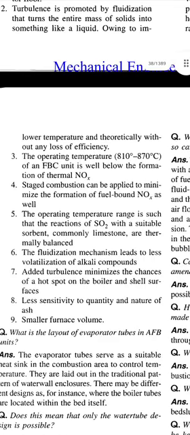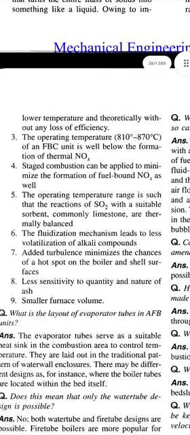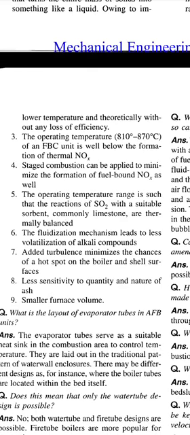The operating temperature, 810 to 870 degrees Celsius, of an FBC unit is well below the formation of thermal NOx. Staged combustion can be applied to minimize the formation of fuel-borne NOx as well. The operating temperature range is such that the reactions of SOx with the suitable sorbent, commonly limestone, are thermally balanced.